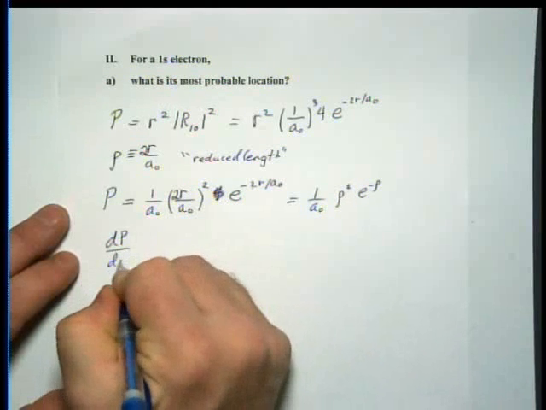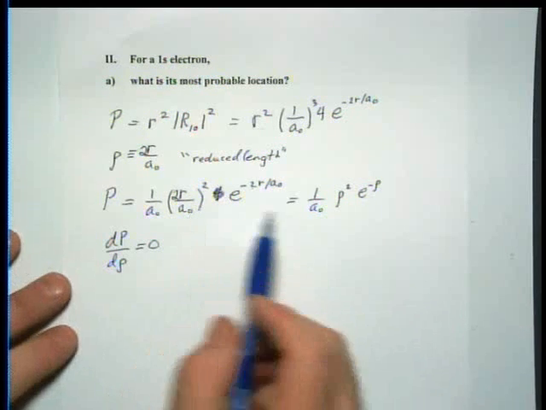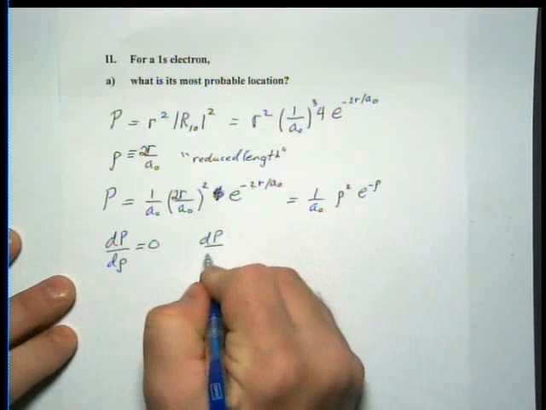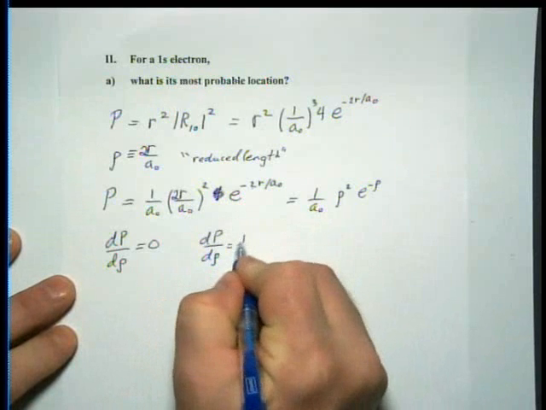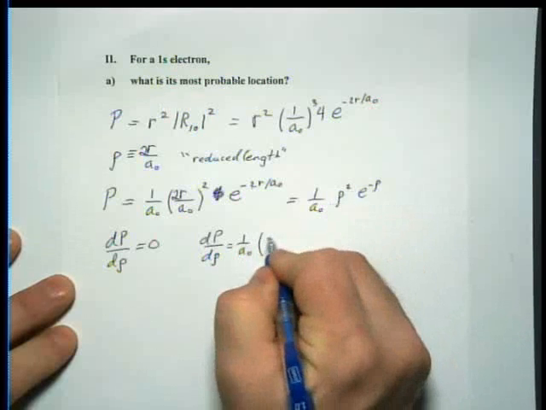I need to make the derivative of that probability zero in order to find the maximum. You have a function, you want to find its maximum or minimum, you take the derivative, put it at 0. So I take the derivative of this function. 1 over a naught. Take the derivative of that, I get 2 rho.